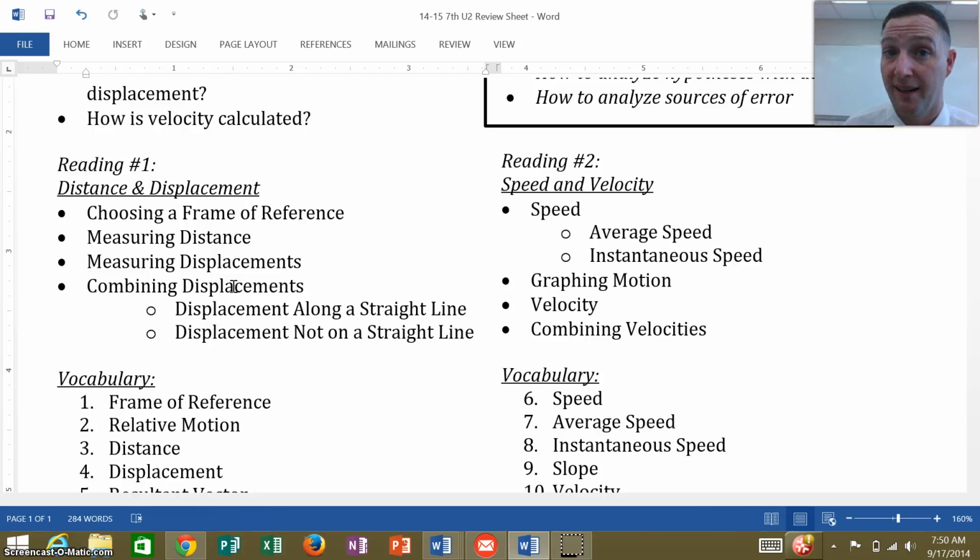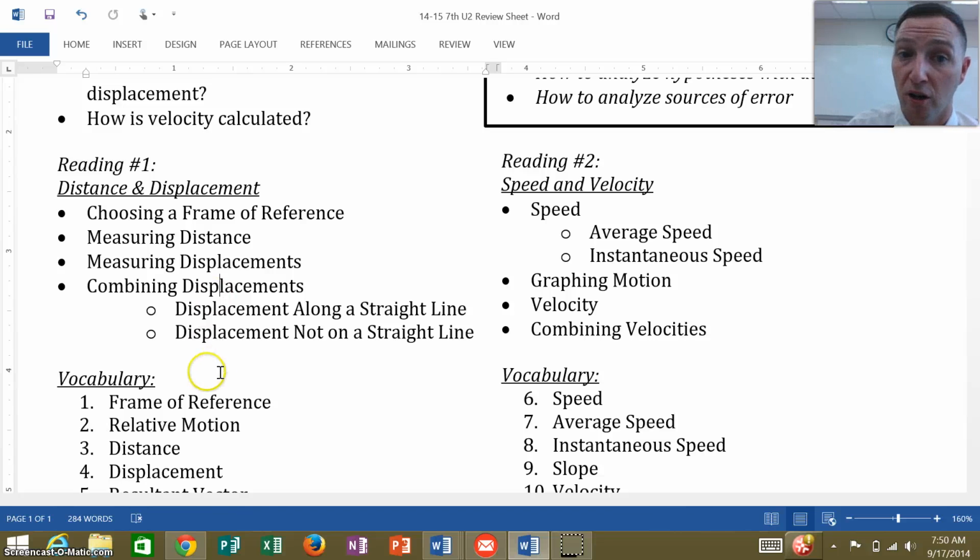If they're on a straight line like that, I know my displacement is now 3 minus 1, which is 2 meters. My total displacement, my resultant displacement vector, is 2 meters. Because they're going in opposite ways, one of them is negative. 3 meters east, 1 meter west, my resultant is 2 meters east.